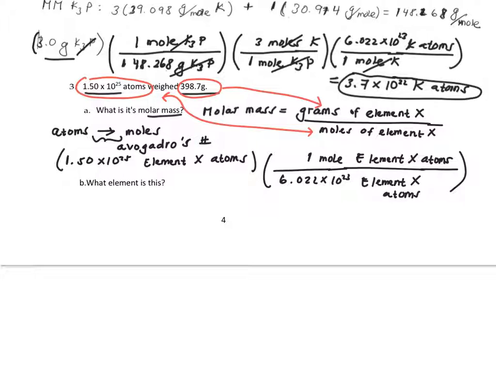So our atoms cancels out and we're left with moles of element X, and that will end up being 24.9 moles of element X atoms.